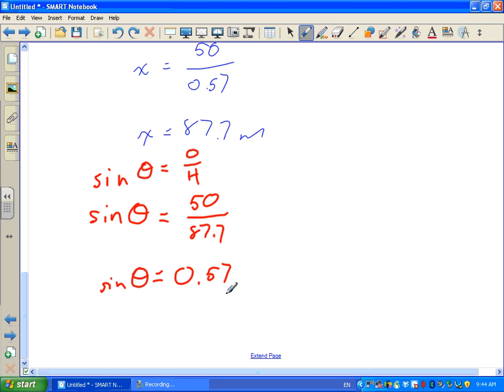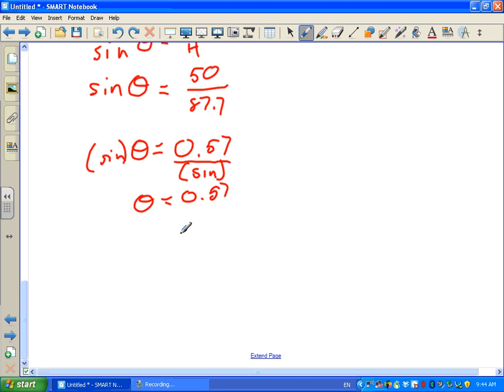In order to find an angle in your calculator, you have to use the inverse of that ratio. Technically what I'm doing is I'm dividing by just sine. And because you can't actually divide by sine on your calculator, you need to make it inverse. So it becomes sine to the negative 1.